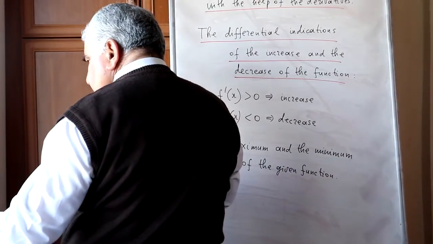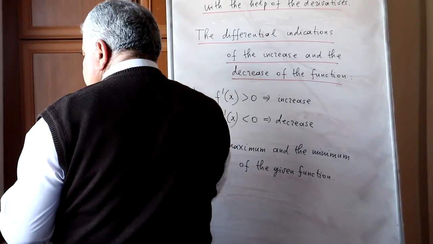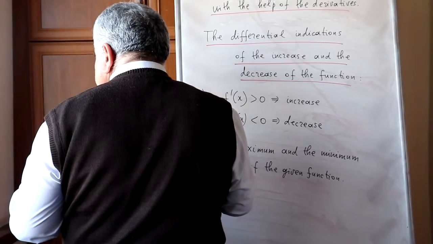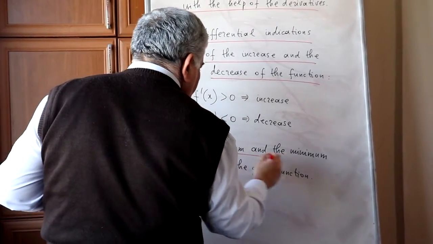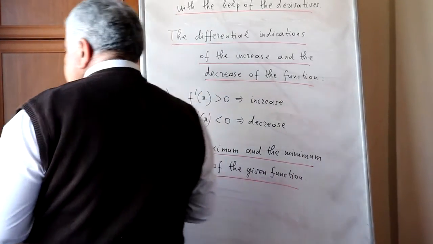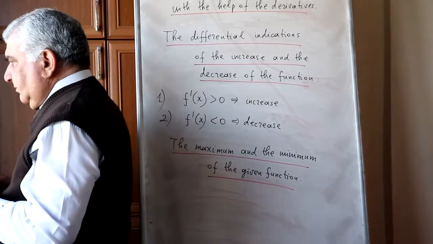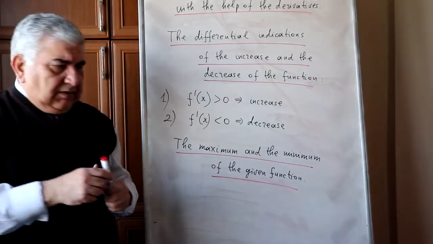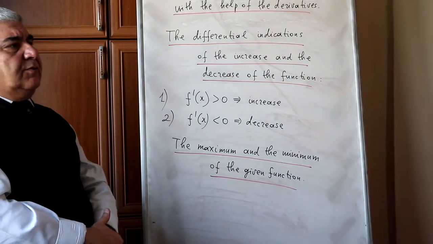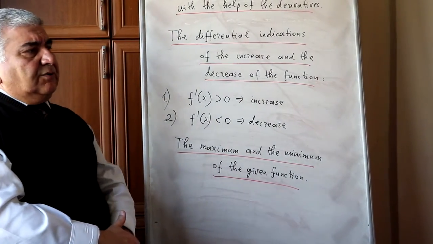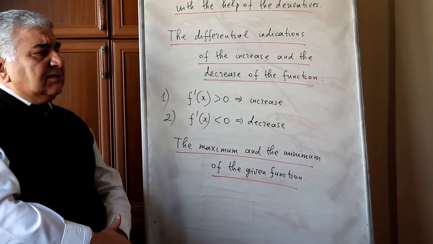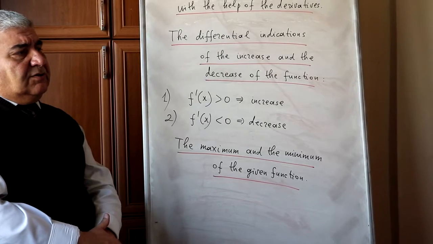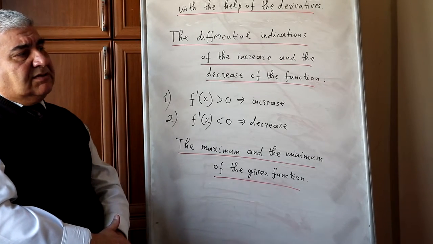First give the concept of the critical point. The critical point of the given function is such a point at which the first derivative of this function is zero or doesn't exist.